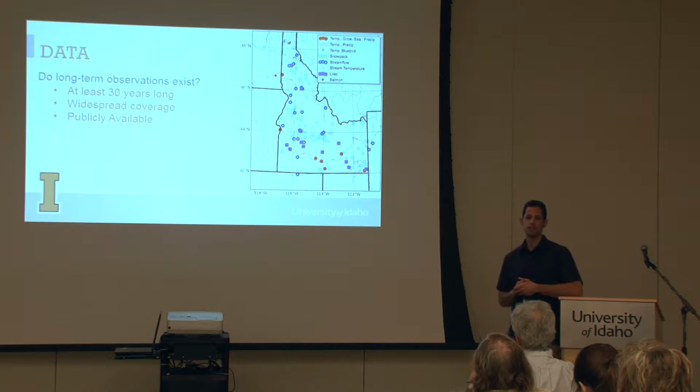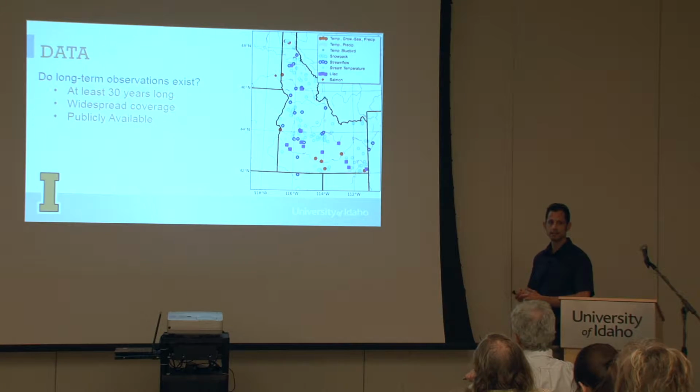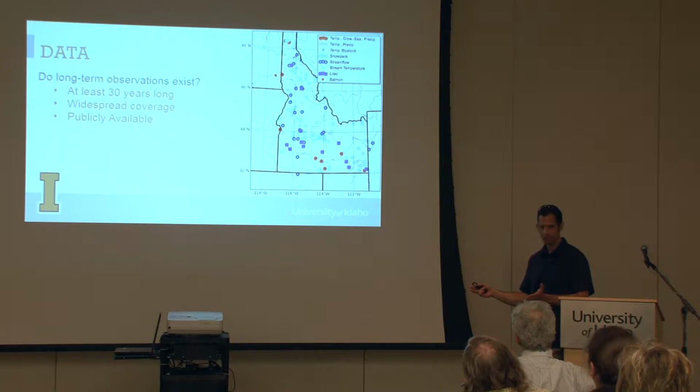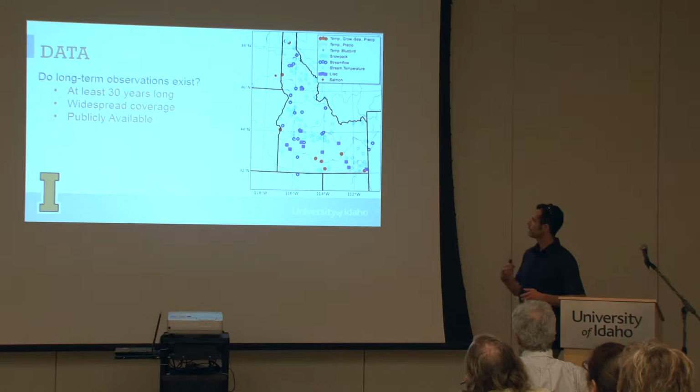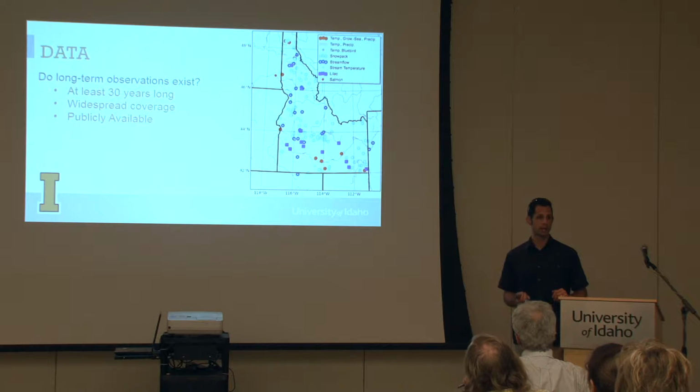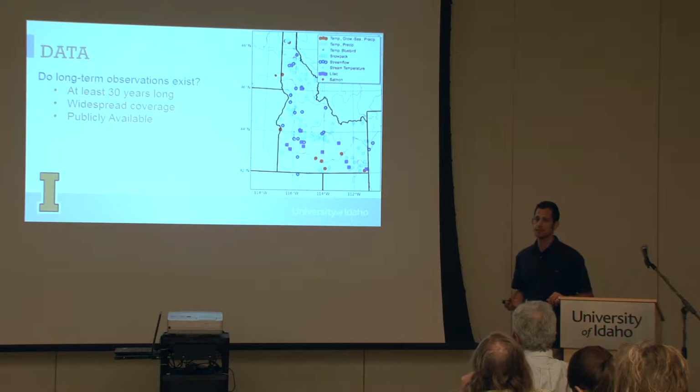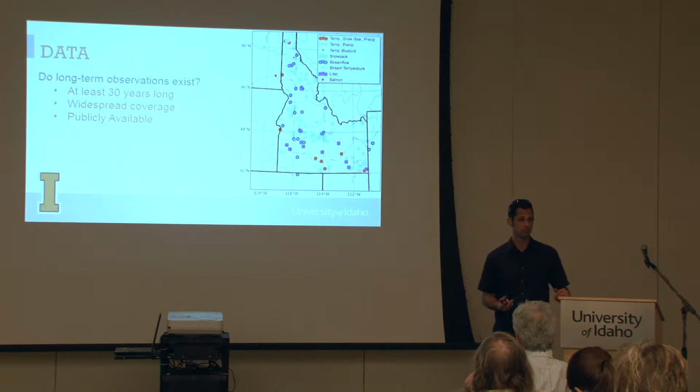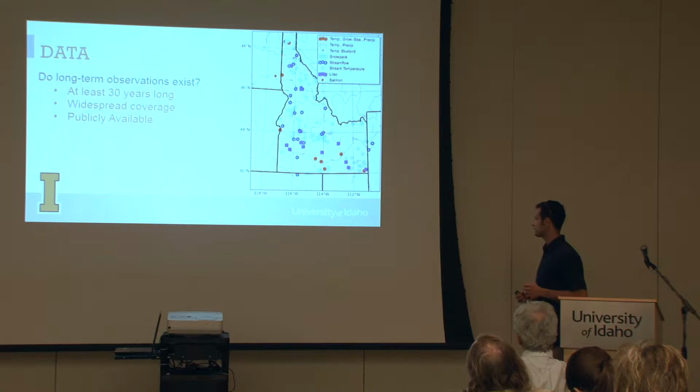They looked for a few things in their search. One, they wanted these data sets to be sufficiently long. You can't just use 5 years and call it an indicator, so 30 years long. They wanted it to be as widespread as possible, so hopefully not just one station, as many as possible. And finally, they wanted these data to be publicly available so that there's a certain amount of reproducibility.